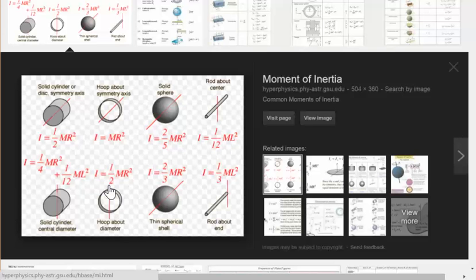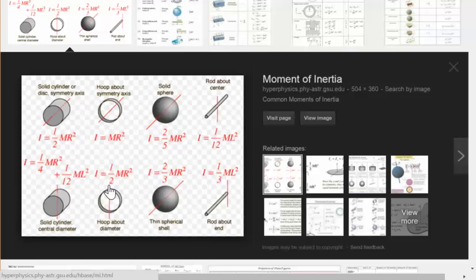A hoop can spin like you're driving a car with the steering wheel about the z-axis, but the hoop can also spin around the y-axis or its diameter, or it could even flip and spin around the x-axis, which is still its diameter, just on its side.